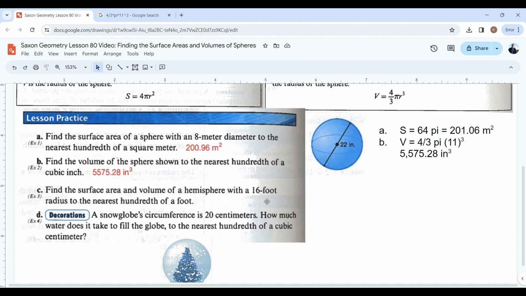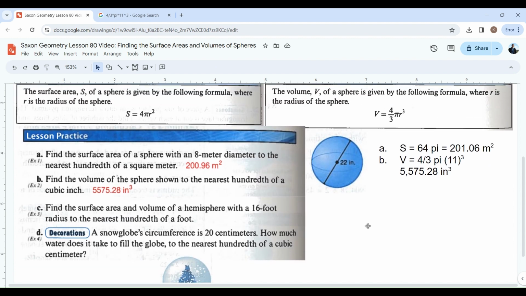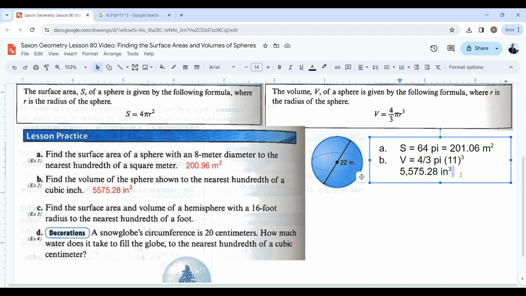All right, letter C. Find the surface area of a hemisphere. Now, the surface area of a hemisphere is one that's easy to make a mistake on because there's a part that people tend to forget. For a hemisphere, I want you to imagine we're cutting the sphere in half. We're going to have the outer spherical part that we need the surface area of, but also this inner circular part, because there's going to be a circle.